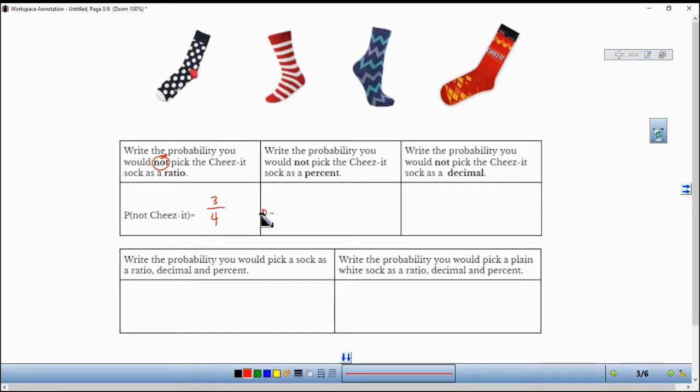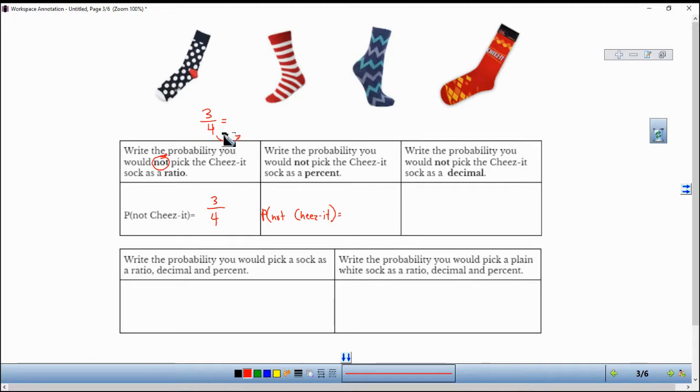So we'd write the probability of not Cheez-It. Now, we looked moments ago at the probability that we would pick the zigzag sock. That was 1 out of 4, and the percent was 25%. So this time we're looking at 3 out of 4, which is going to be similar to 1 out of 4 because we have the same number in the denominator.